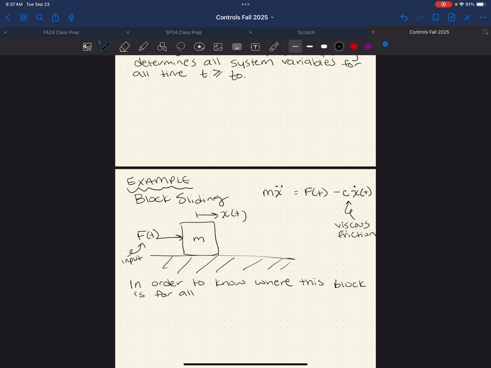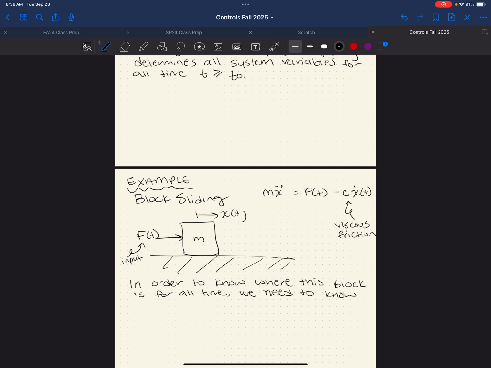We need to know the initial position, because we need to know what initial x you're at in order to know what x's you move to over time. And then we need to know an initial velocity. After we know this position and this velocity, everything else is known.